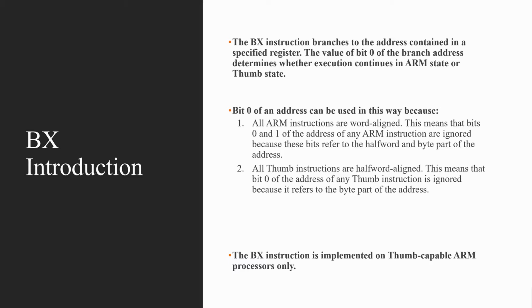Second, all Thumb instructions are half-word aligned. This means that bit 0 of the address of any Thumb instruction is ignored because it refers to the byte part of the address. BX instruction is implemented on Thumb-capable ARM processors only.